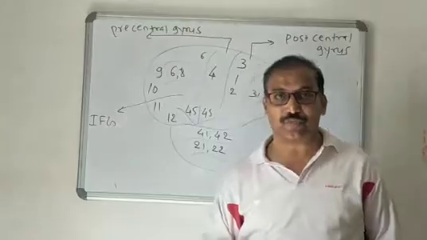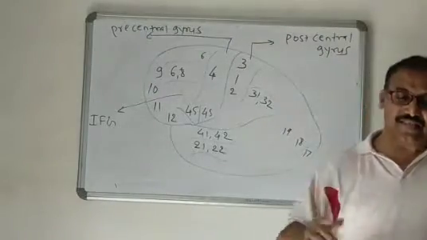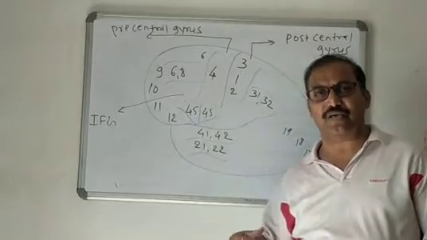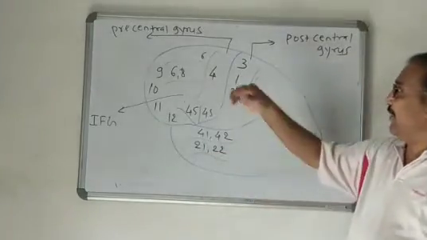What does it do? The function of this area is to receive all ascending sensory tracts. Whatever sensation comes from our body as well as surroundings, all this sensation is received by this area.